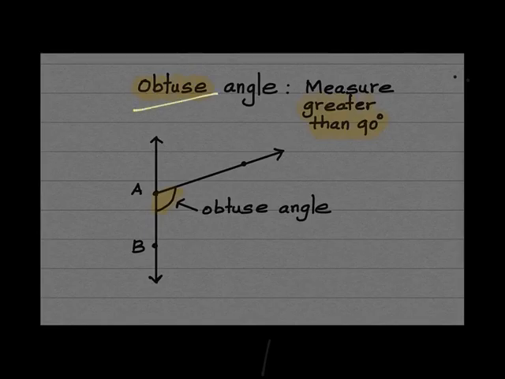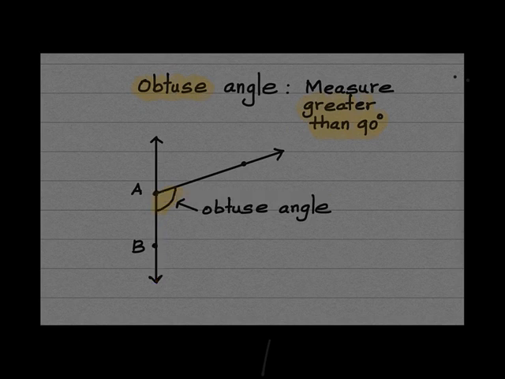Obtuse angle. Measure greater than 90 degree. The angle that measures greater than 90 degree. Okay. So we know that if it is like so, then it is 90 degree. And if it is so, then it becomes a right angle.